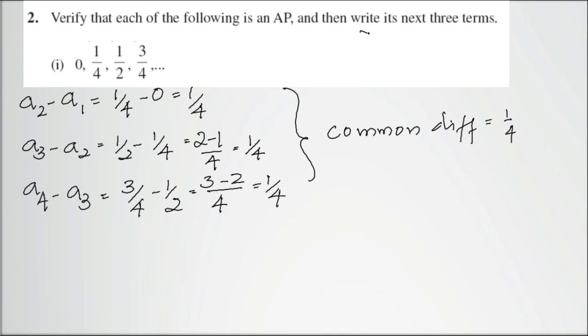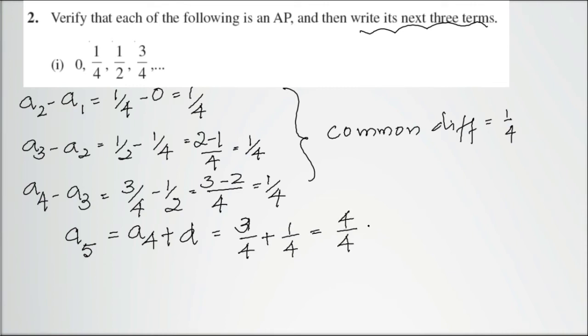We need to write the next three terms. For writing next three terms, I'll consider a5, which will be a4 plus the common difference. So a4 is 3 upon 4 plus 1 by 4. Upon addition, it becomes 4 by 4, nothing but 1. Sixth term is a5 plus common difference. a5 is 1 and the common difference is 1 upon 4, which gives 5 by 4.